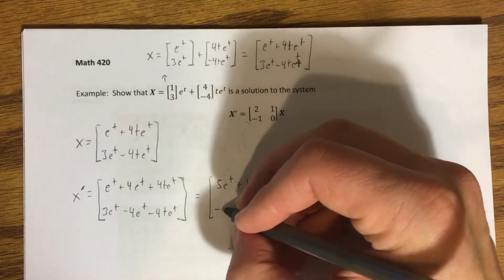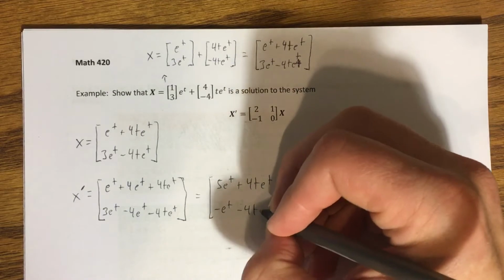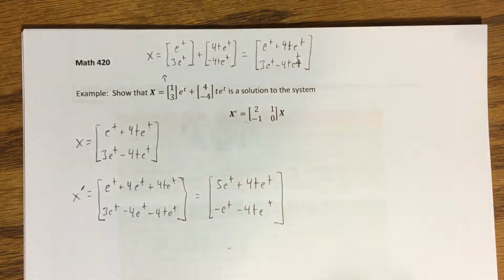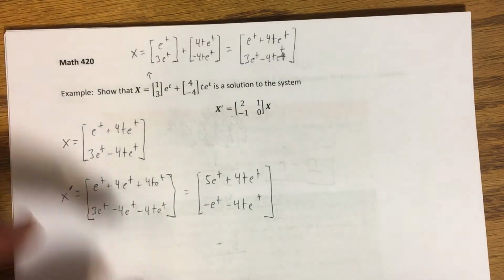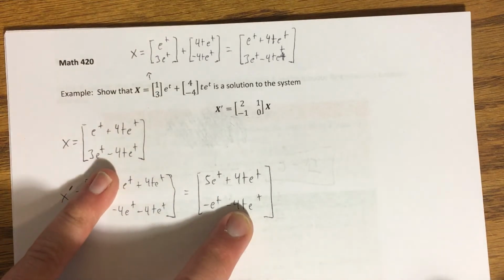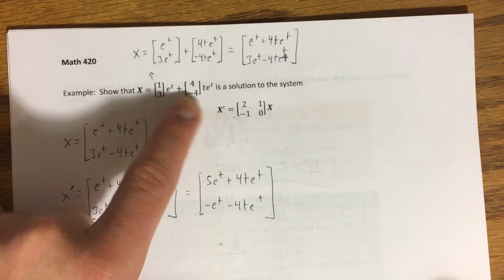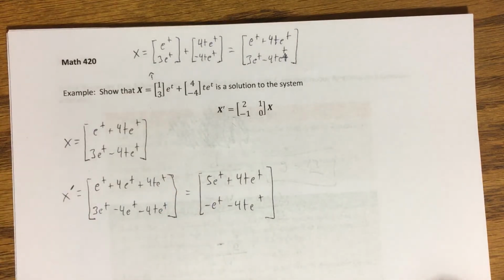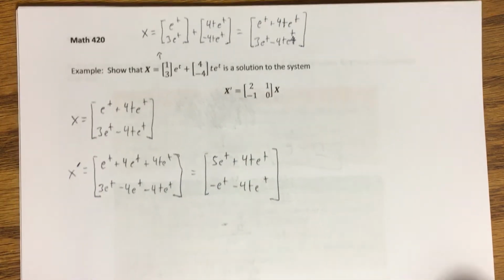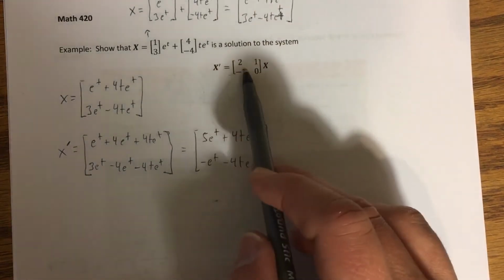This is going to look like negative e^t - 4t e^t. Okay? So again, I'm putting these things in the form of a single matrix instead of a couple of matrices that we're doing operations on, to more easily substitute them into this.